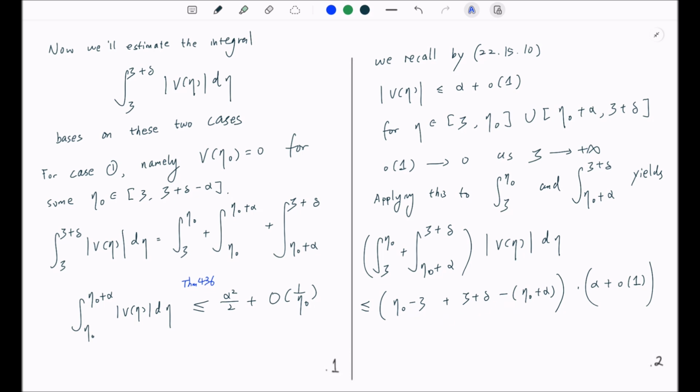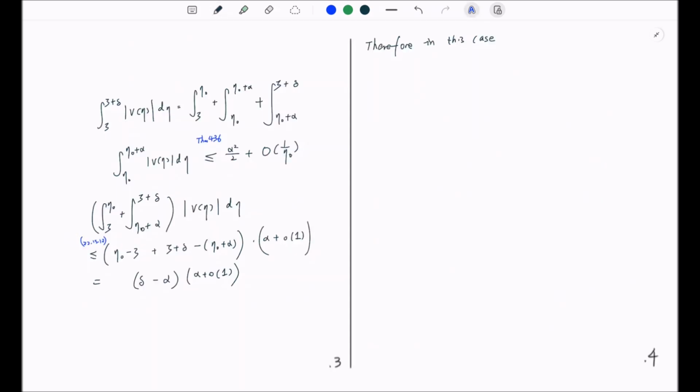And by cancellation, what is left from here is simply delta minus alpha. Now we add up these two upper bounds together. And let's simplify this.